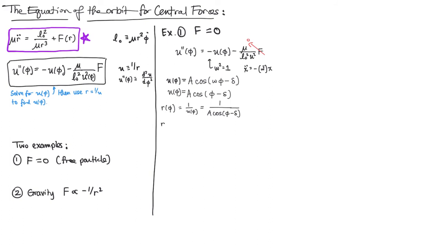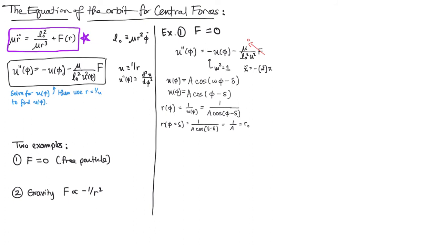So we see that r for phi equal to delta is equal to 1 over A cosine of delta minus delta. That's 1 over A times cosine of 0, which is 1. So this 1 over A we can just rename to r naught, where r naught corresponds to the radial coordinate for a given angle phi equal to delta.